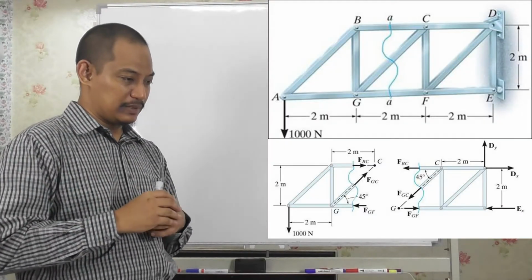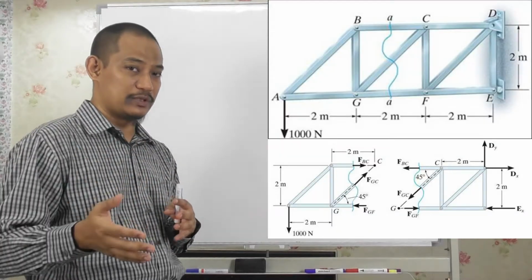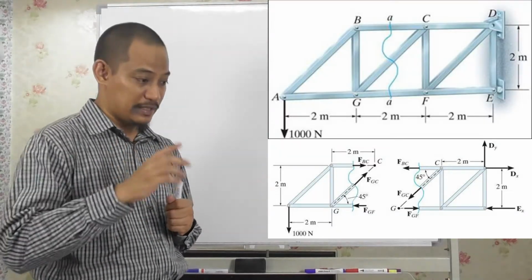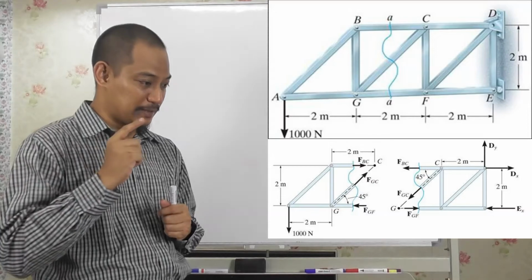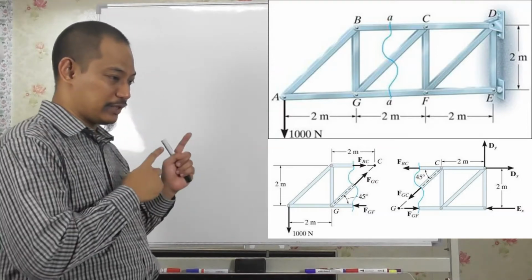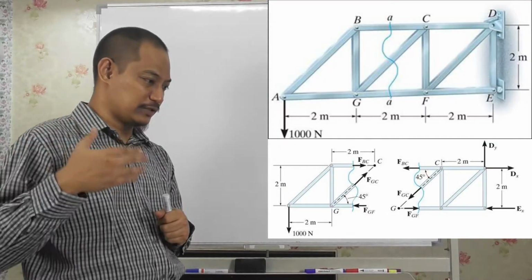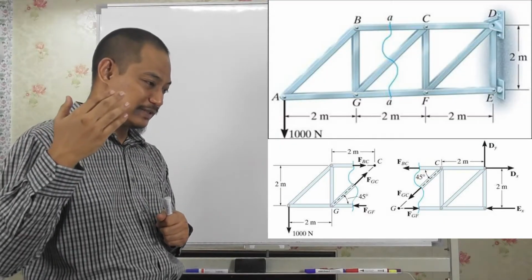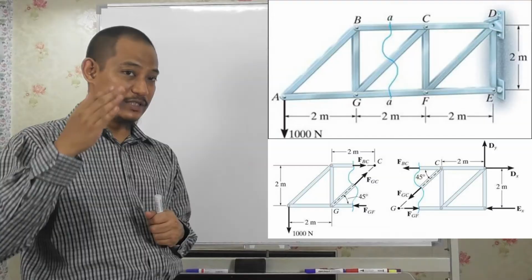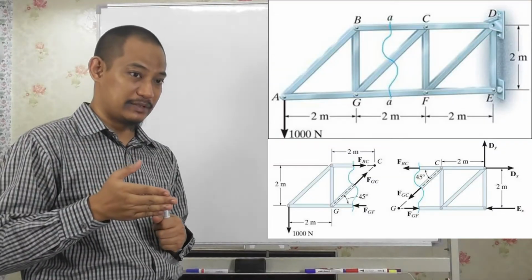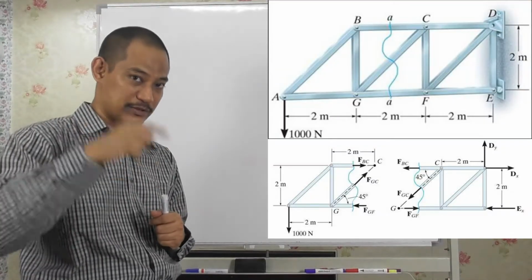So it depends how you want to cut, where you want to cut. It depends normally on the question. For example, if you look at the original diagram first, it says find the force in member CG. Then obviously you want that member to be cut, right? Because then you can know that force.